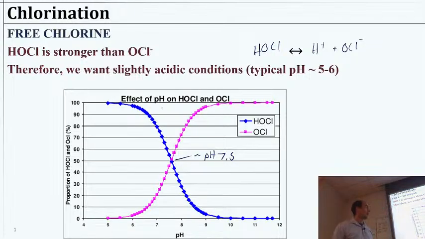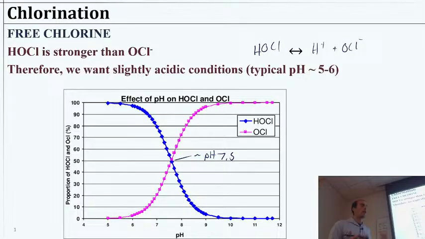If we aren't careful and we treat water and it just happens to be pH 8 because that's what the river had, suddenly we have much less of our chlorine, maybe 20% of the effect that perhaps we designed for. Okay, so very important that we adjust for pH accordingly as needed.